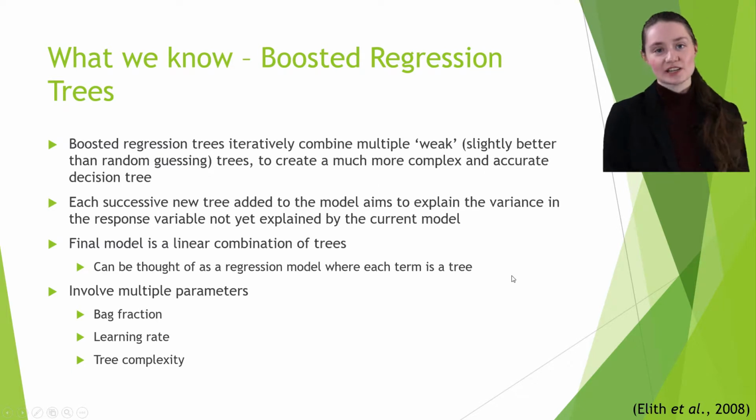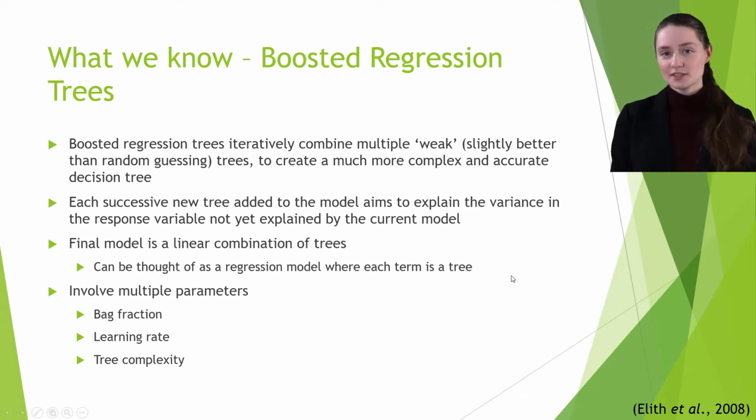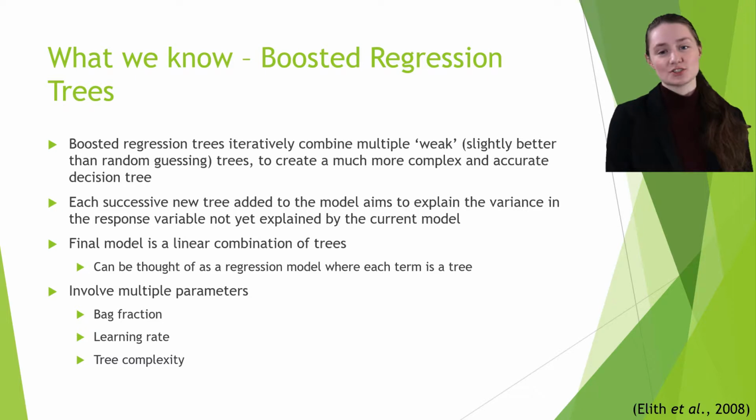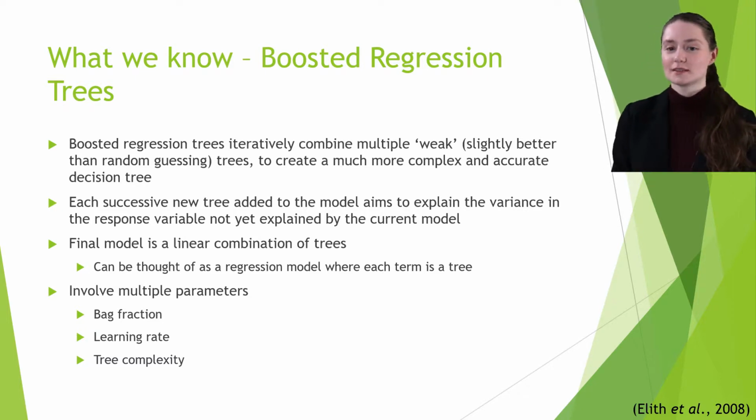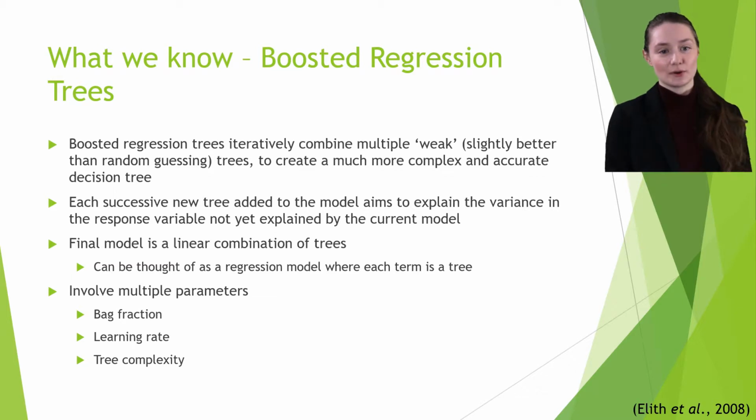So boosted regression trees combine multiple weak trees, which is a decision tree that's slightly better than random guessing. And this creates a much more complex and accurate model. So each successive new tree that's added to the model aims to explain any variability that wasn't already explained by the previous trees already added to the model.